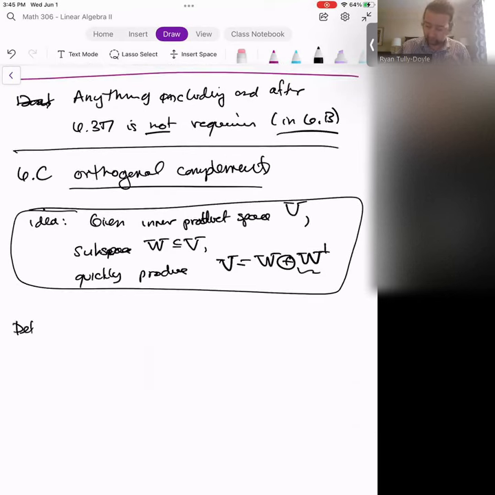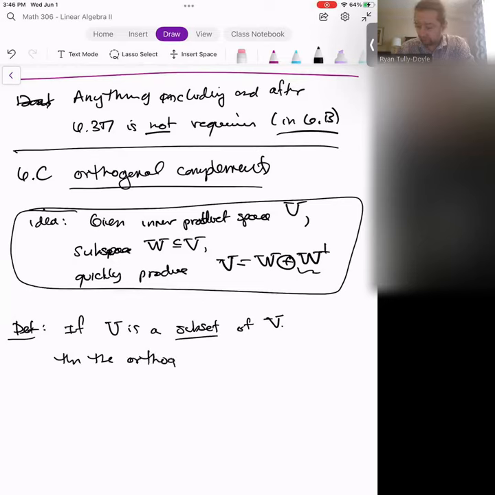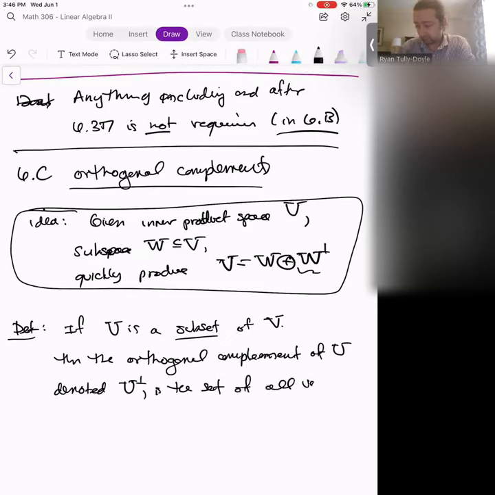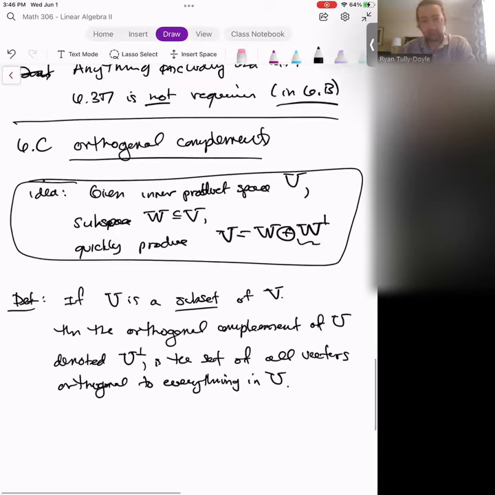All right, so let's start with a definition. If U is a subset, now not even a subspace, just a subset, U some set of points, U is a subset of V, then the orthogonal complement of U, which is denoted U with a little perp symbol up here, is the set of all vectors orthogonal to everything in U. I'll use set builder notation to build this up.